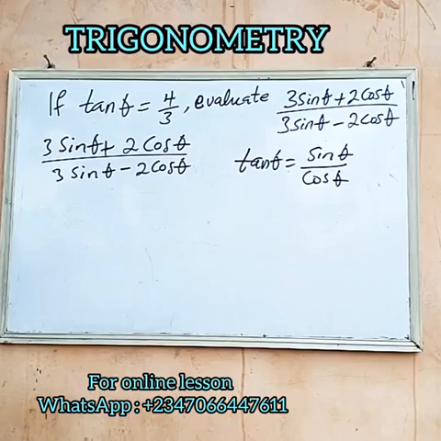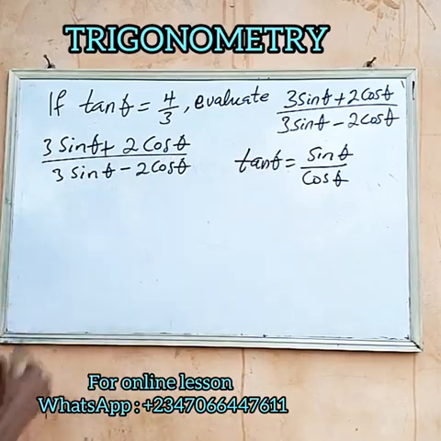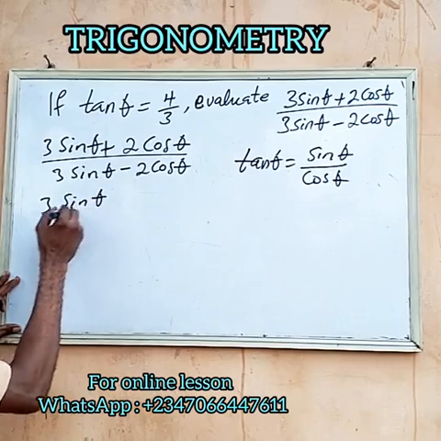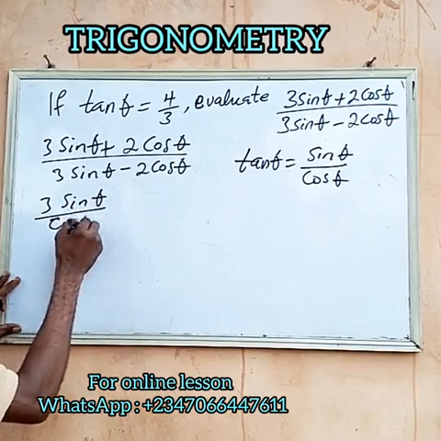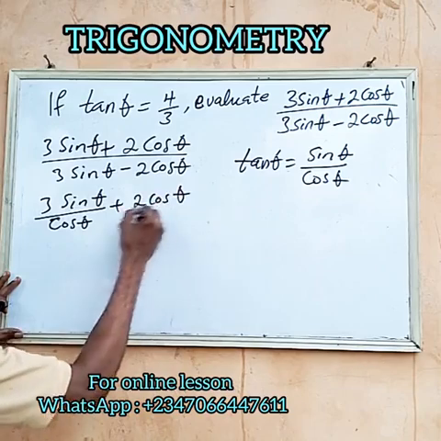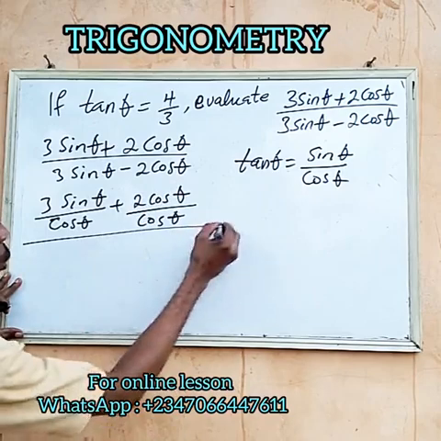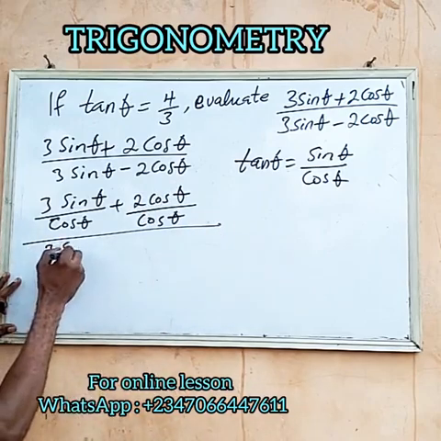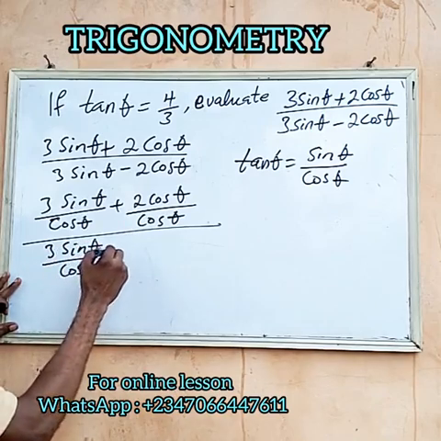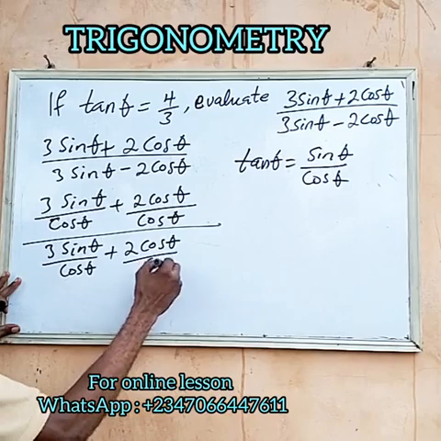Now let's look at what we are going to do. We are going to divide the numerator and the denominator by cos theta. Divide both so that we have 3 sine theta all over cos theta, then plus 2 cos theta over cos theta. That is for the numerator. Now let's go also to the denominator. We also have 3 sine theta over cos theta, then minus 2 cos theta over cos theta.